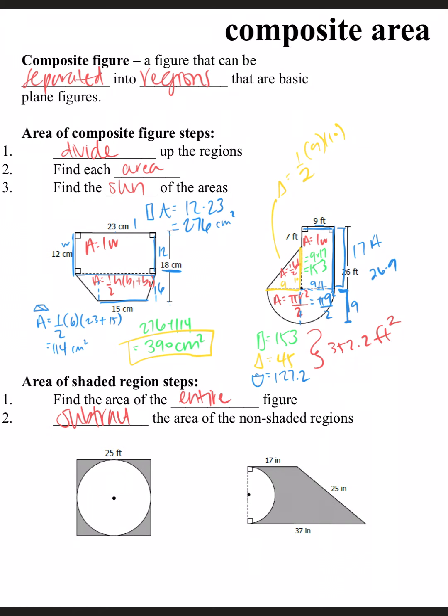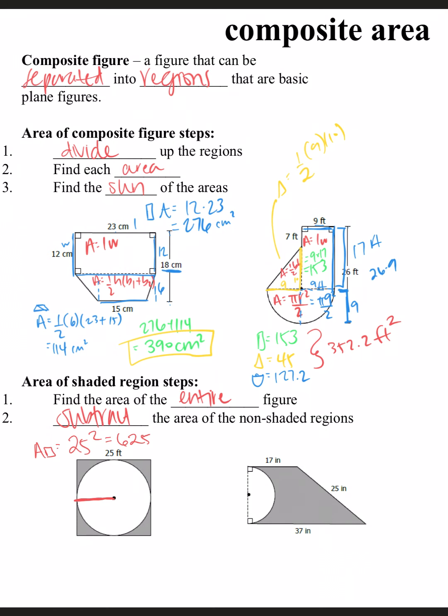The area of the square is 25 squared, which is 625. For the area of the circle, what's our radius? You should be able to tell that this radius hits that side of the square right in half.